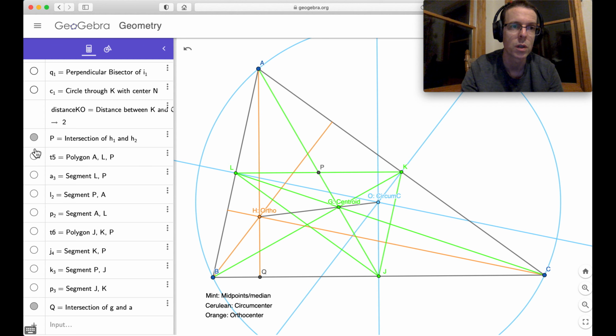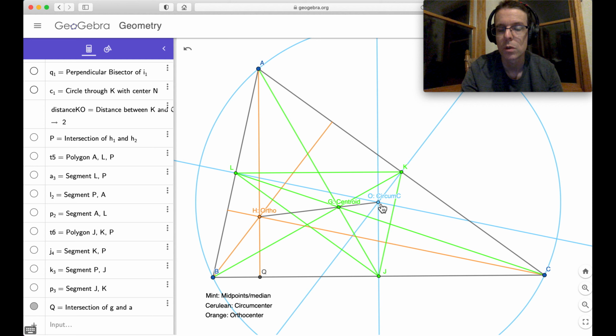So that reassures us that this green median of the original triangle, AJ, is also a median of the medial triangle JKL. And the same is true for the other medians, of course. And that means that G, the centroid of ABC, is correctly labeled in relation to JKL as well. G is the centroid of JKL as well.